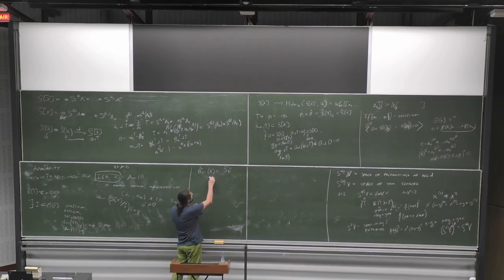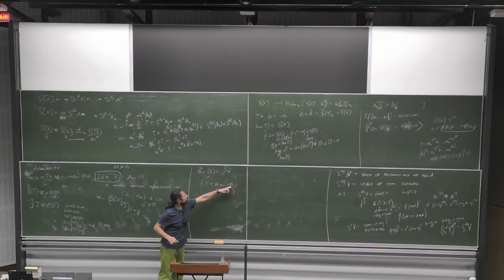But instead of only considering the tensors that can be written as a combination of simple tensors, P1 to PR for Pi in X, we take the closure of this set.